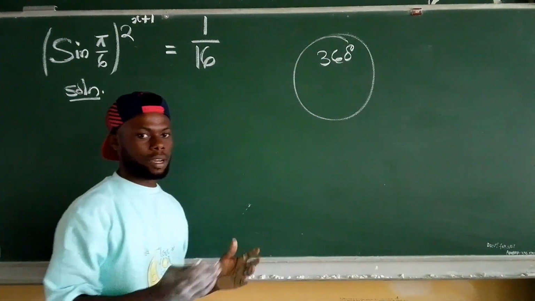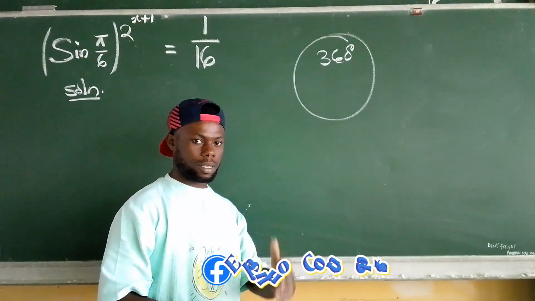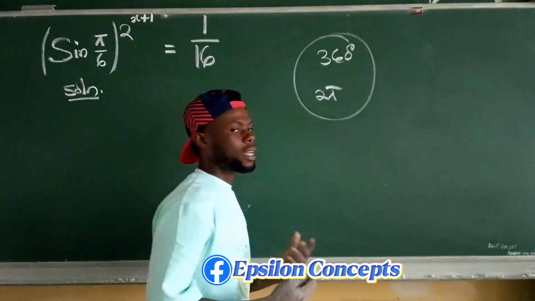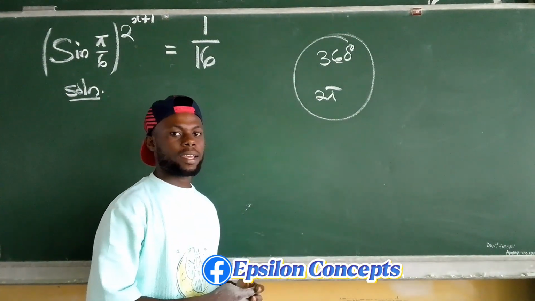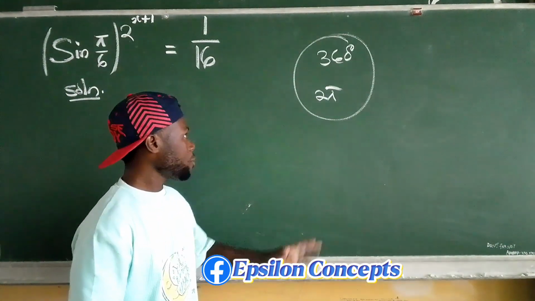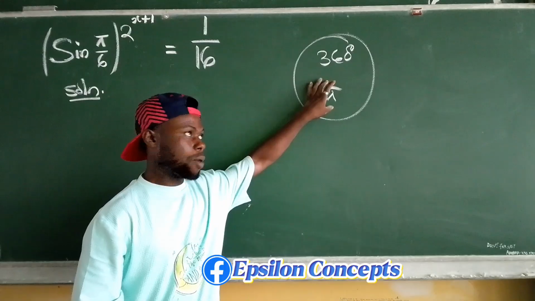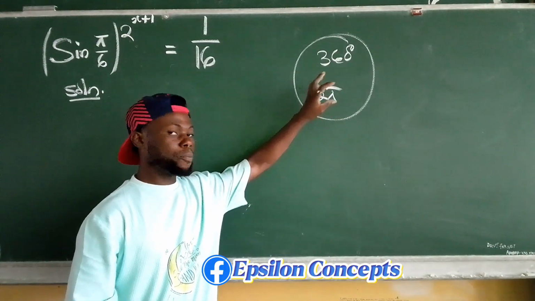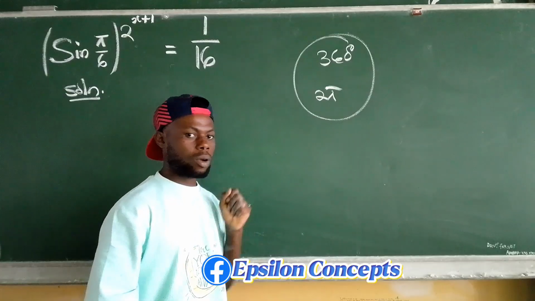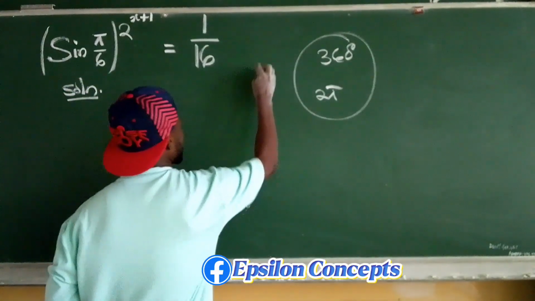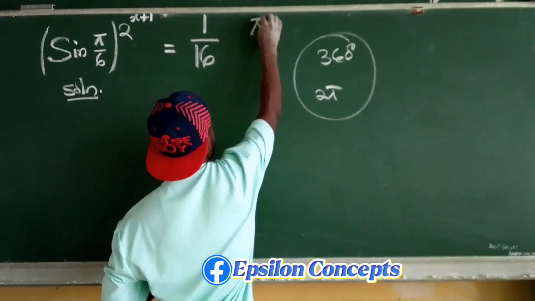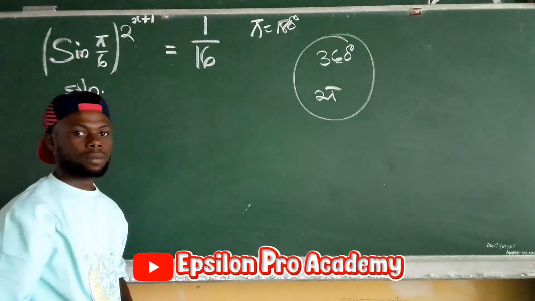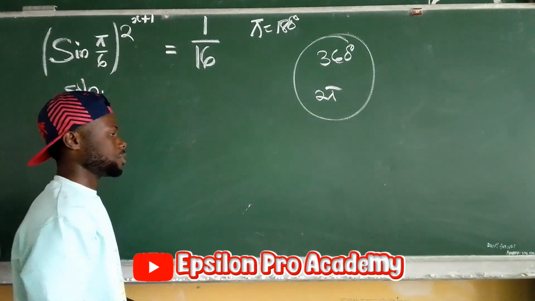But in terms of radians, it is 2π radians. Comparing these, 360 degrees is equal to 2π. Making π the subject, that is where we got π to be 180 degrees. We have discussed that in our previous video.